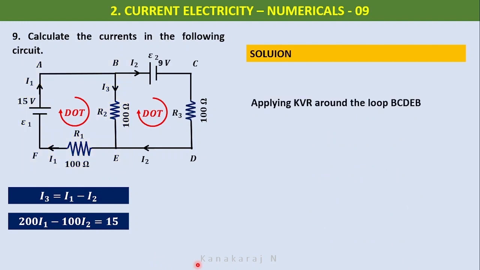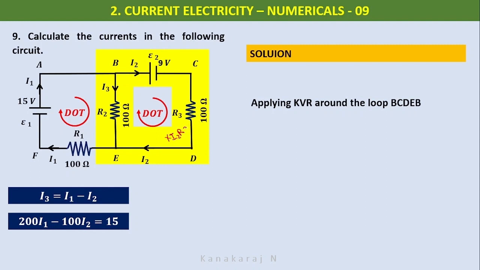KVR for the loop B, C, D, E, B. Let us sketch this path in yellow color. Now we have to find the sign of I2 R3. The direction of I2 is in the direction of traversal, so I2 R3 is positive.